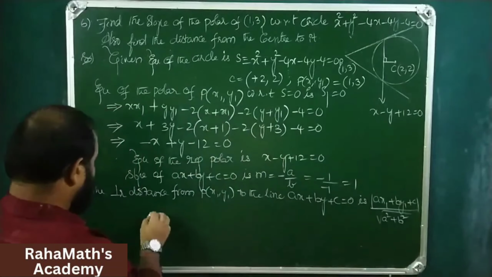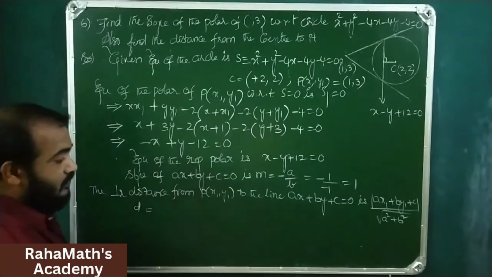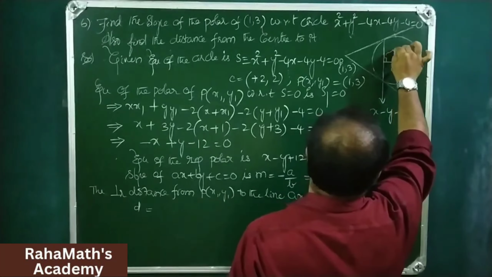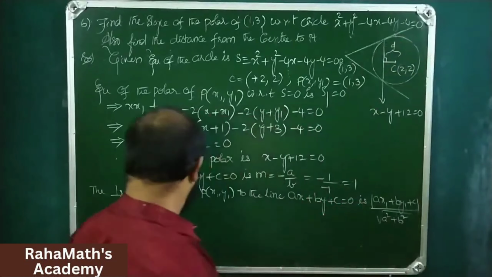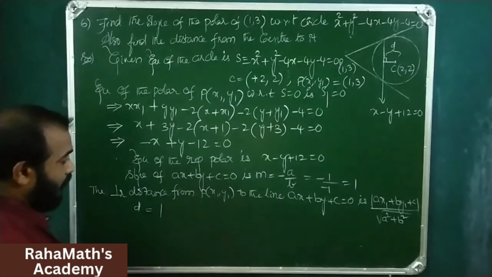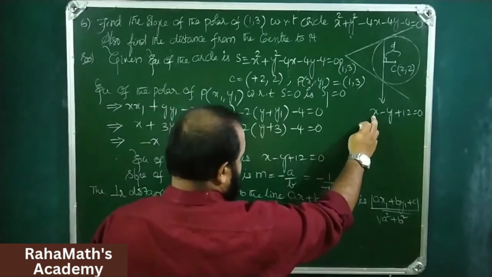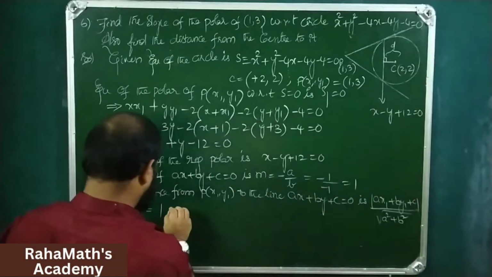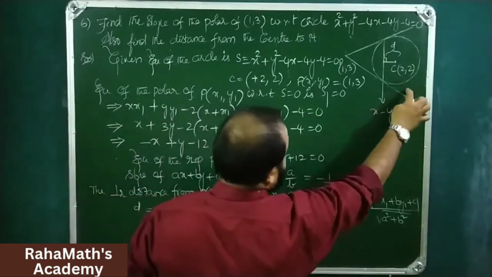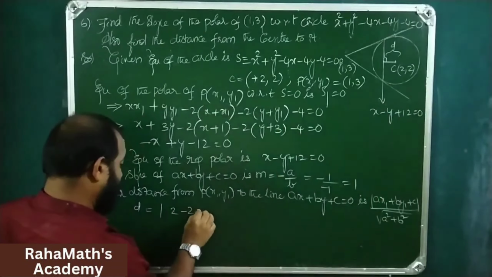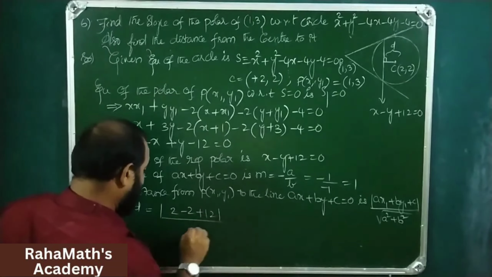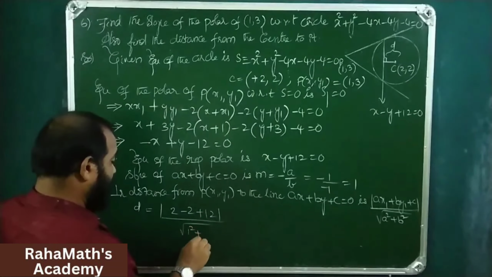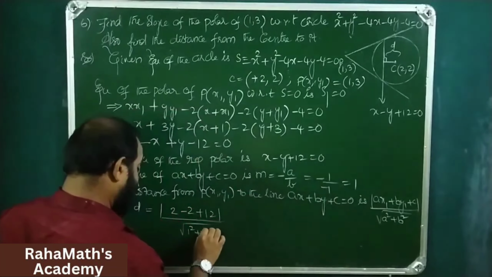Let us suppose this is the distance d. So d is equal to the modulus of, in the place of x, 2 minus, in the place of y, 2 plus 12, by the square root of 1 square plus (minus 1) whole square.